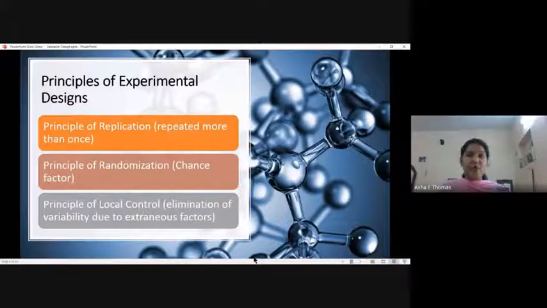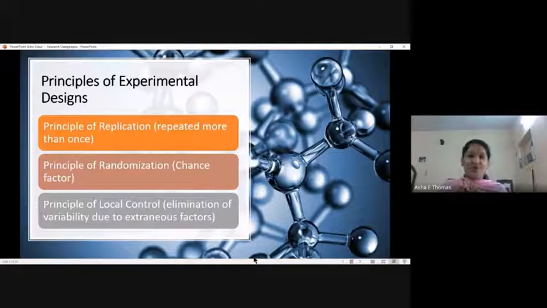That is why we call it the principle of replication. Every good research design in social science research should support the principle of replication. That's the first clause.